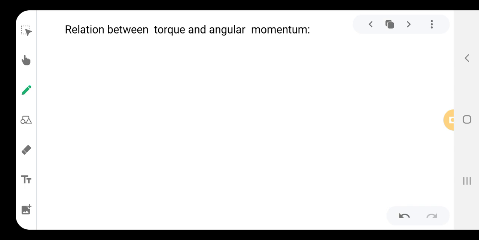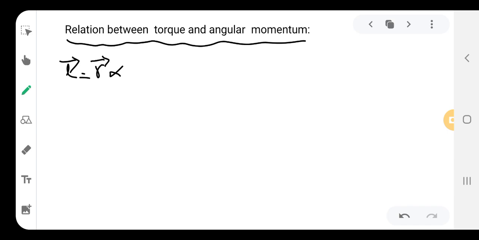Let us consider the equation for the angular momentum. Angular momentum is given by L equal to r cross p, where p is the linear momentum, m into v. So this equation we will consider as equation number 1.